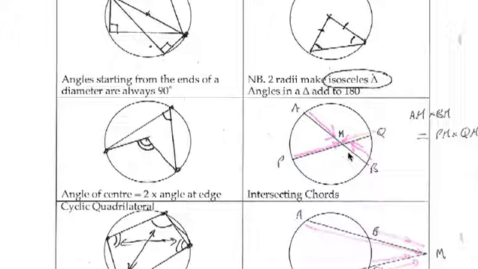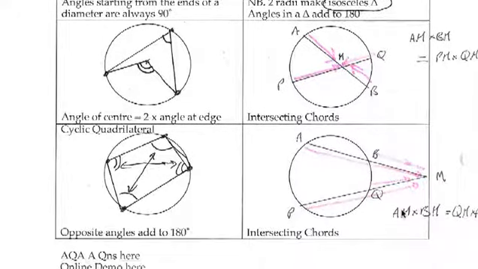And this rule works if you have the chords meeting outside of the circle as well. So if you can imagine taking that point M and me dragging it out of the circle, eventually it would look like that. And in this case, the rule is that the line from where it meets the circle to where they cross times from where it meets the circle to where they cross will always give me the same answer as the same calculation on the other side.